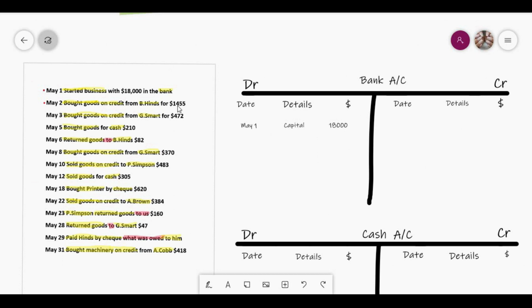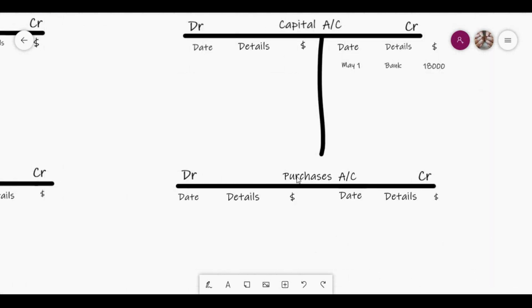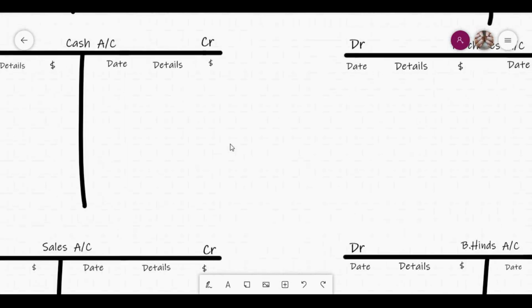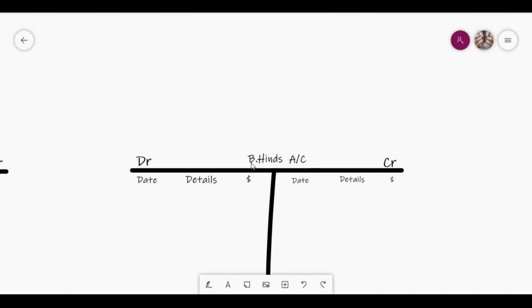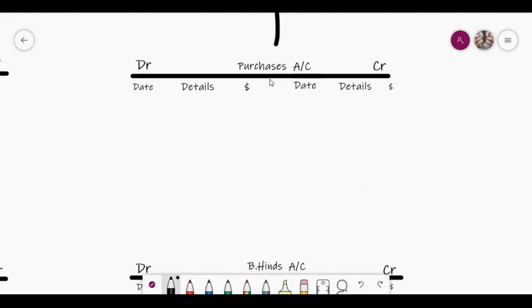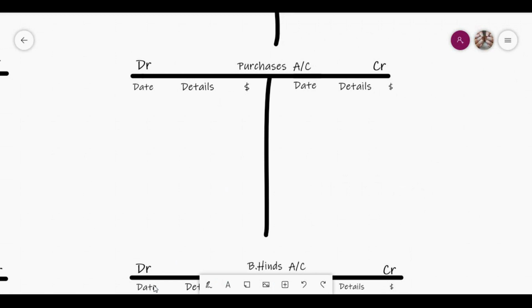Purchases is always debited because goods are coming into the business. So under the debit side of purchases, you are going to have May 2, Behind, 1455, and under the credit side of Behind, May 2, purchases 1455.